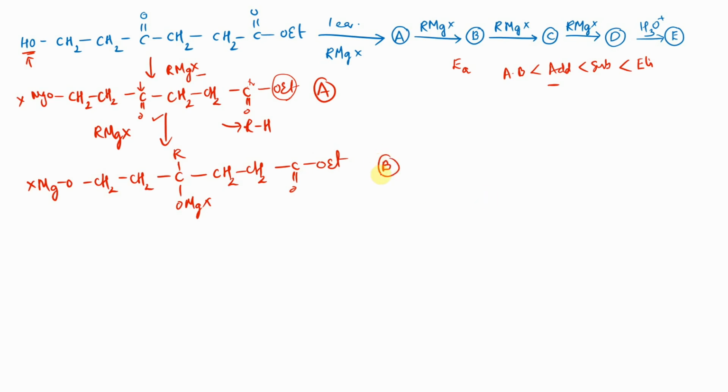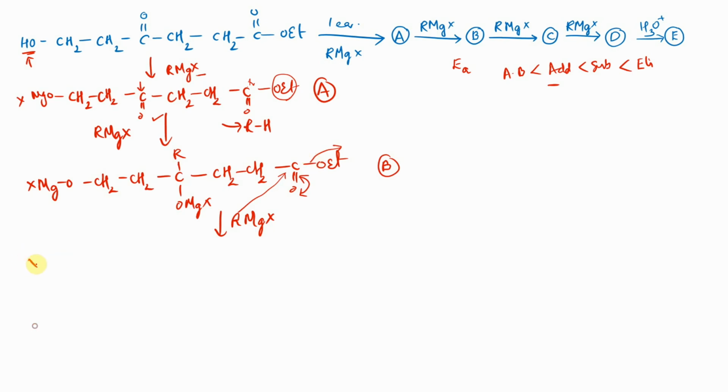Now when you treat our product B with one more molecule of Grignard reagent, RMgX, we get a substitution reaction, that is the alkyl group will attack this carbon. As a result the oxygen shifts to form a minus charge. Later the minus charge again forms a double bond. As a result this OEt group leaves the substrate.